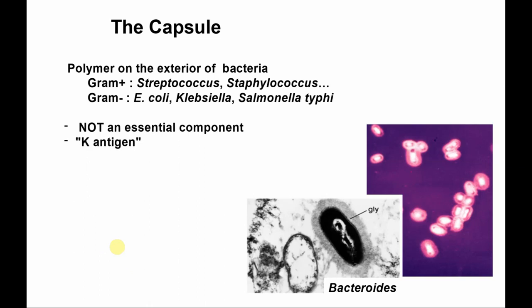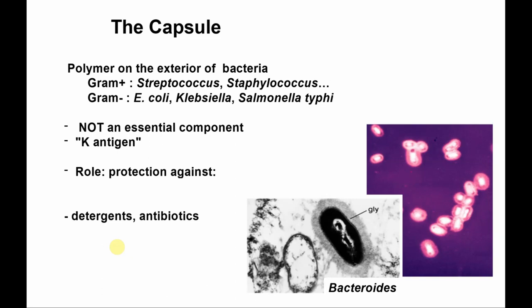Now, in serology, capsule antigens are called K antigens. So they can be present or absent, and if present, they can have different structures, because the repeating subunit, once again, can be different between different strains. Now, what is the function of the capsule? Well, once again, it's a kind of protection against chemical attack.